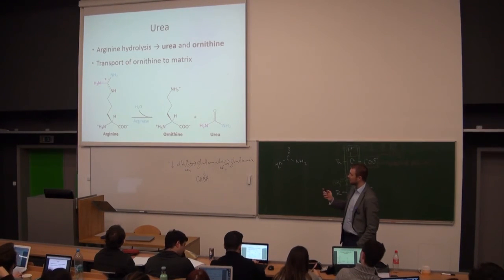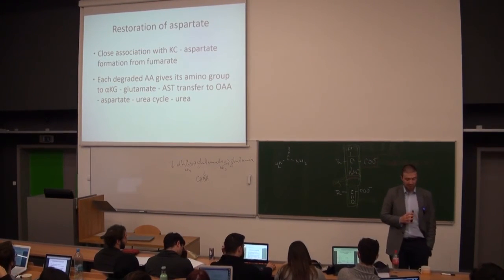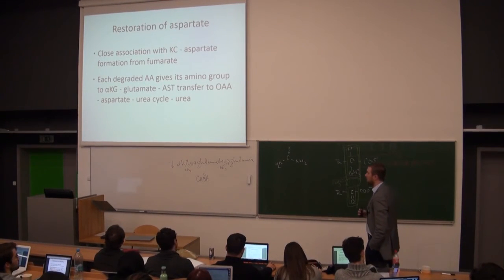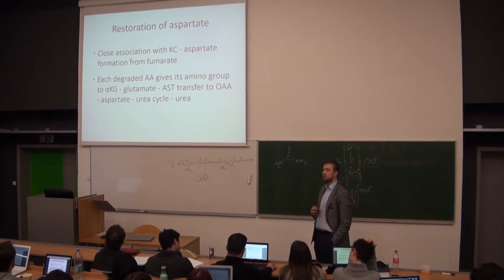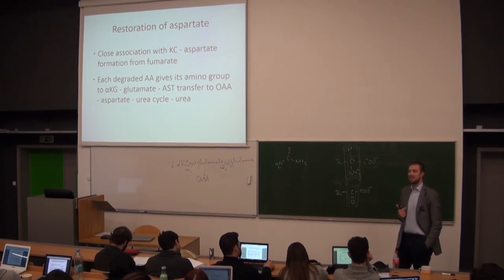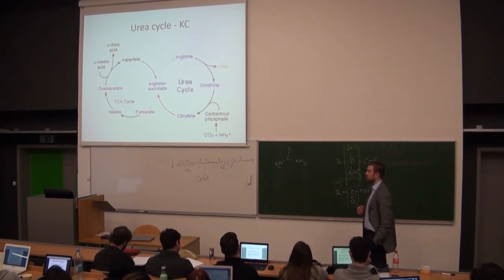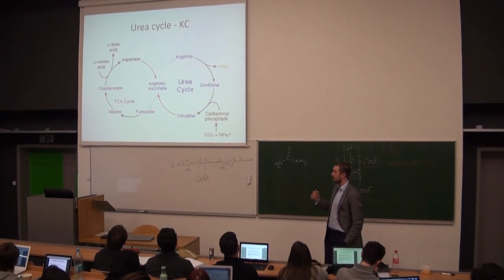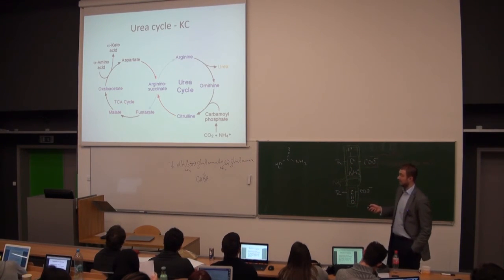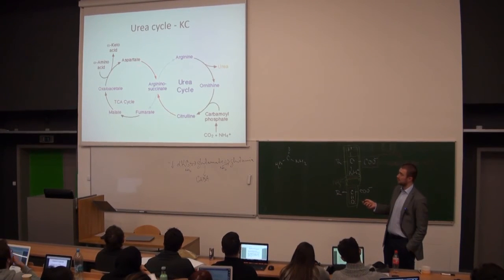Good. If you have no question, then we will look at how this pathway is connected to the Krebs cycle. You saw that one of the intermediates of the urea cycle is aspartate, and one product of the urea cycle is fumarate. The way you regenerate fumarate to aspartate is by using some enzymes of the Krebs cycle. So where do you produce the aspartate? That's quite simple.